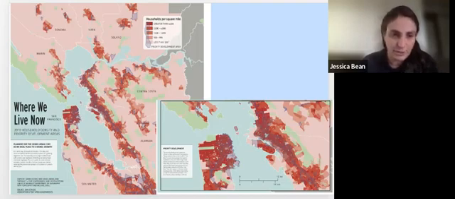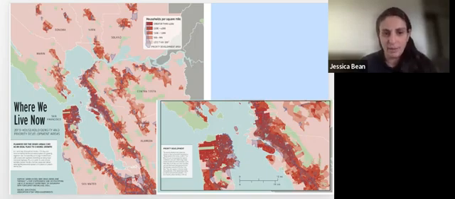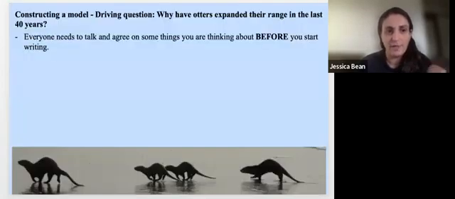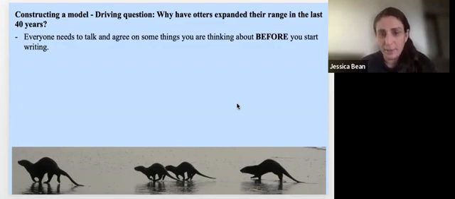But I just wanted to share it with you now, because what we're going to do is engage in that modeling practice and think about constructing a model to represent our thinking and the ideas that you just put in the chat about what would have been changing the otter range in the last 40 years. So I just want to give you some instructions before I send you out into breakout rooms to do this work collaboratively. First, I would like for everyone to talk and agree on some things before you start writing.